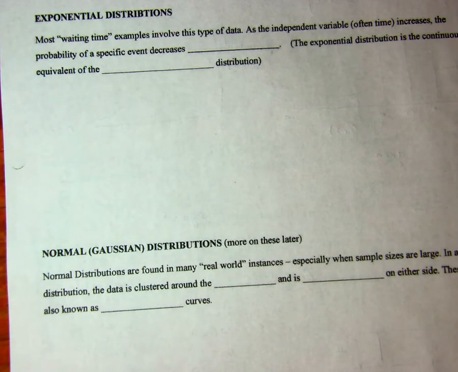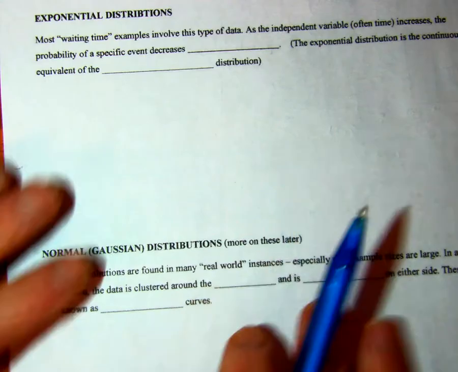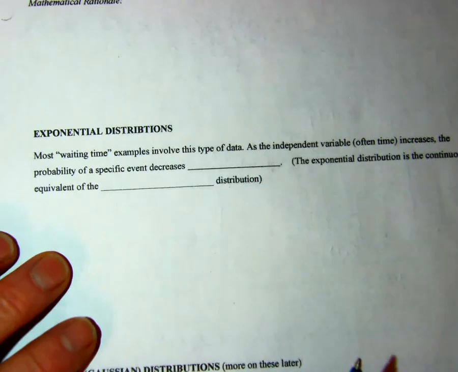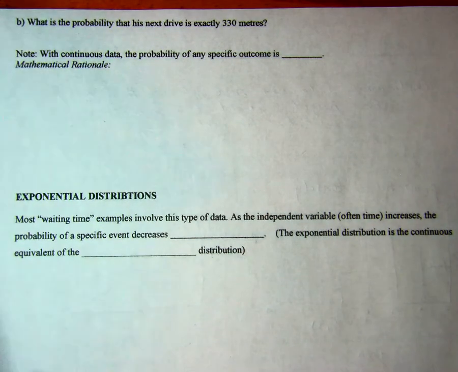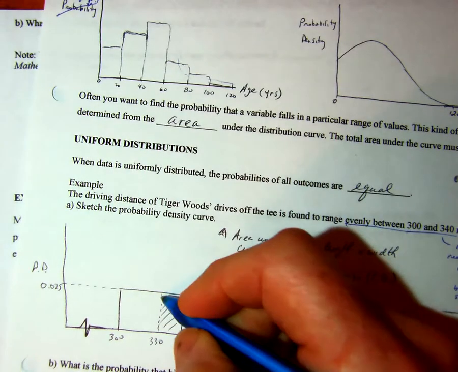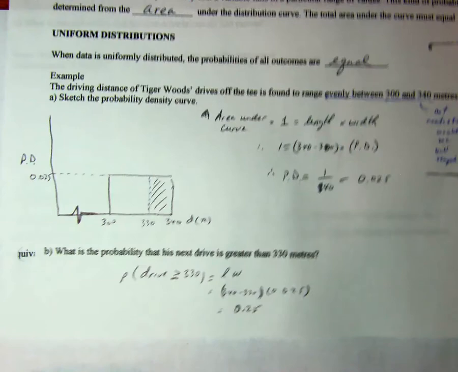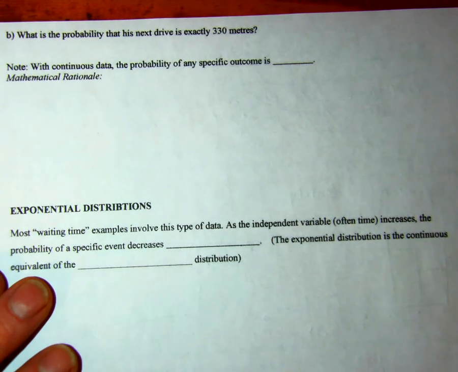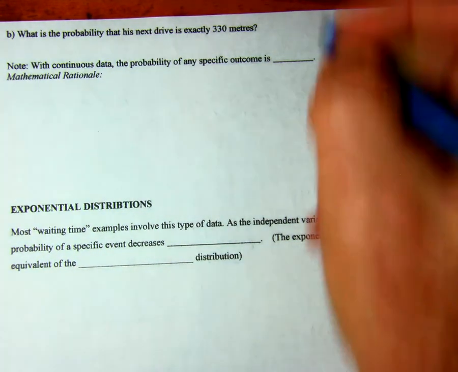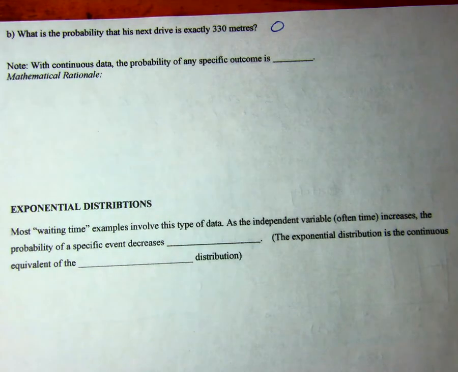What is the probability that his next drive is exactly 330 meters? So exactly 330, right there. What's the area underneath 330? It's 0.